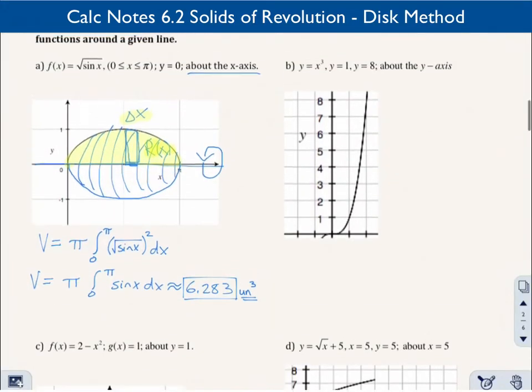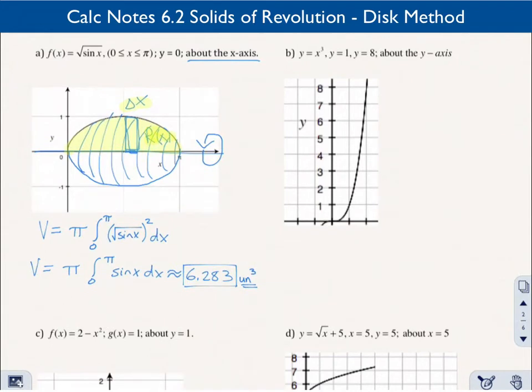Alright, let's try our next example. Here we have the curve y equals x cubed, and we want to also take a look at y equals 1, which is right here, and y equals 8, which is right here, and we want to revolve this about the y-axis, which is right here.